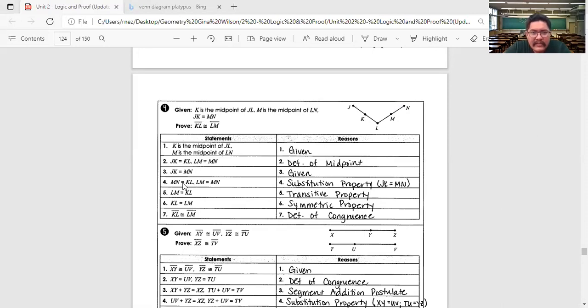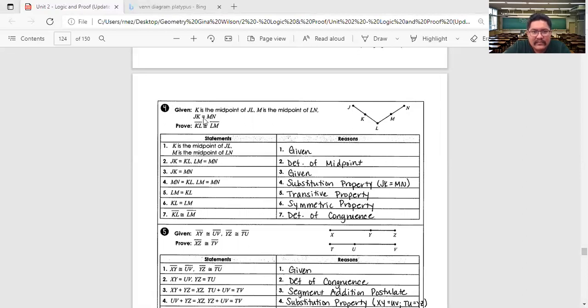If we substitute it, MN equals KL, because we know they're each the midpoints, so they have to be congruent. LM and MN. So if we use the substitution property, we know that JK and LM are the same thing, so MN and JK.